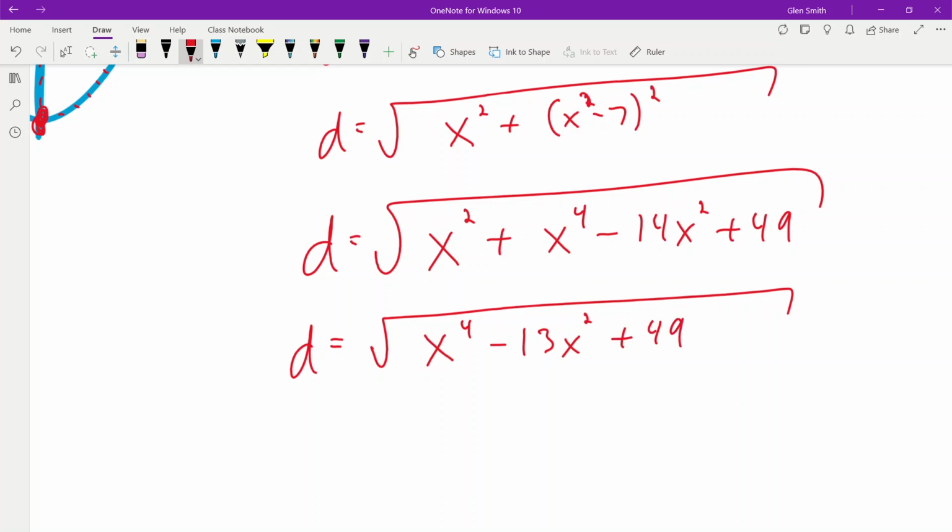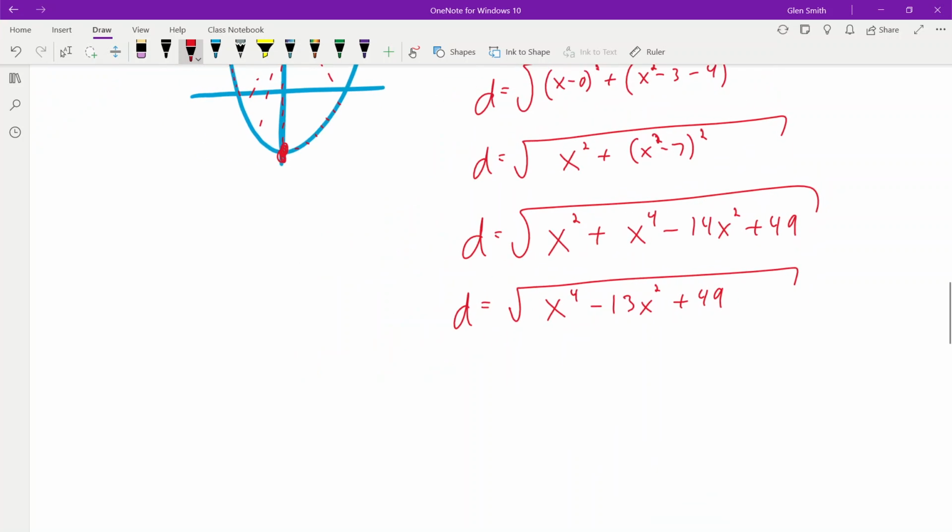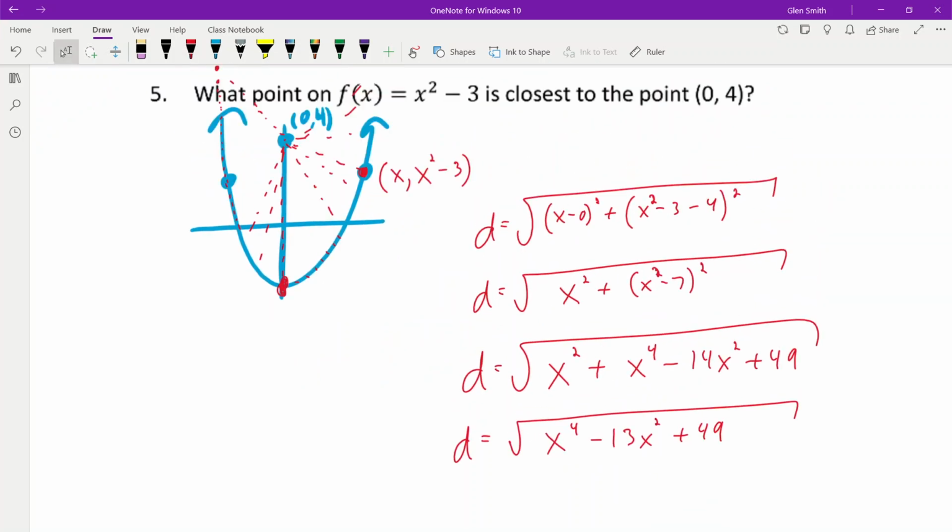And we said that represents the distance between any point on that graph and 0, 4, just based off its x value. Ready? It's just to make sure we understand what this actually does, which again is not crazy important to get through this class, but just so we understand. What's the distance from this point here to this point here? How far is that distance?